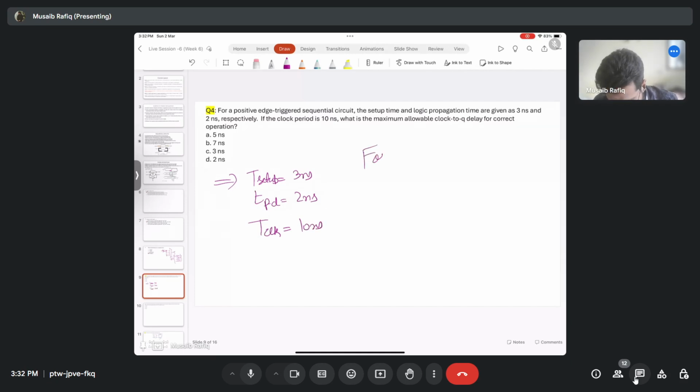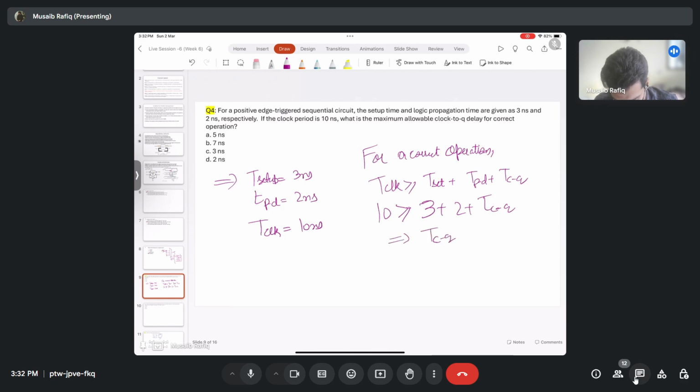So for a correct operation, the condition we have is T clock should be greater or equal to T setup plus T PD plus T clock to Q. T clock is 10, 10 should be greater or equal to T setup is 3 plus T PD is 2, plus T C2Q. That implies T C2Q should be less or equal to 5. So the upper limit of T C2Q is 5 nanoseconds.